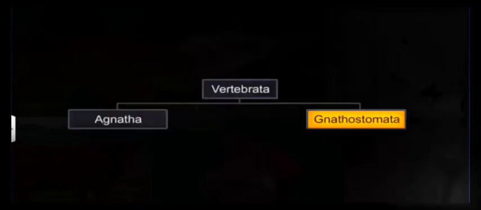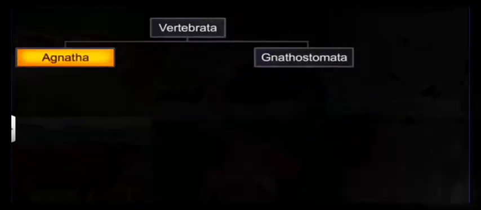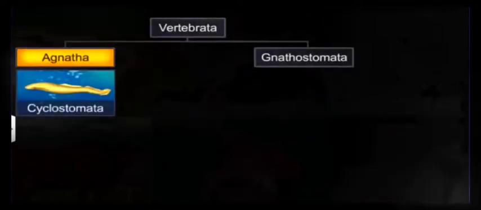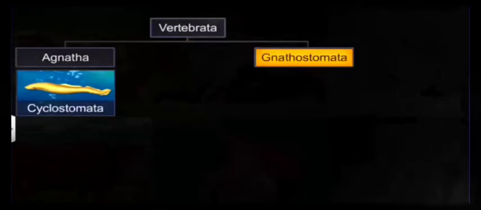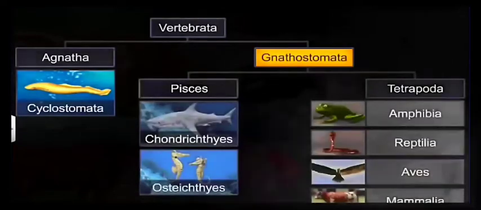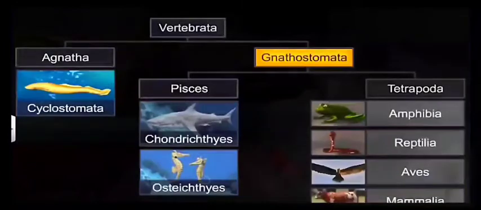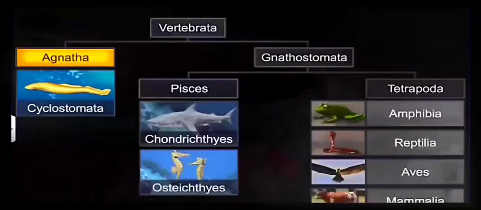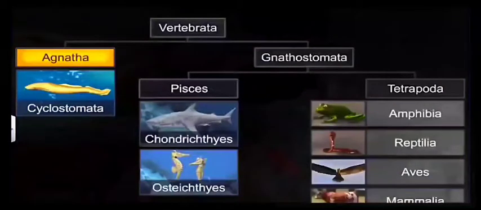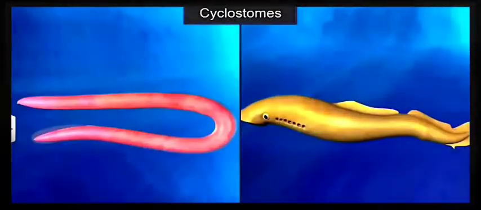If jaw is absent, they are called Agnatha, and when jaws are present, they are called Gnathostomata. So under Agnatha we study Cyclostomata, and under Gnathostomata we study Pisces and Tetrapoda.